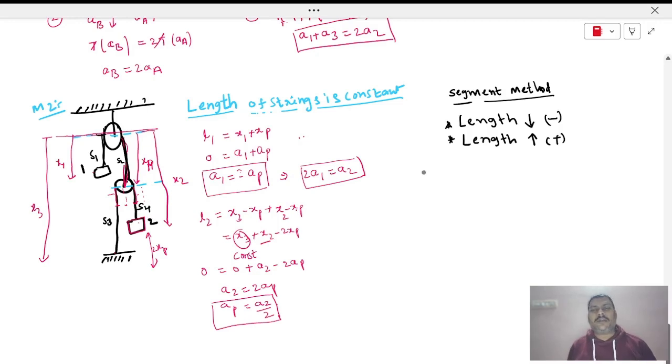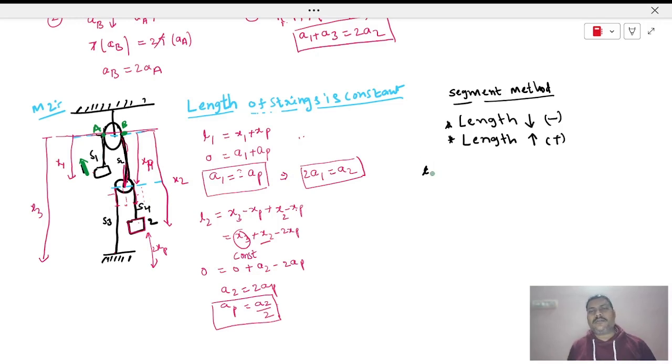So for segment 1, consider two points here, A and B, or P and Q. Here A1 is moving upwards, as we have considered already; in all the cases, A1 is moving upwards. So the length is decreasing, and this point A is not moving, therefore 0.